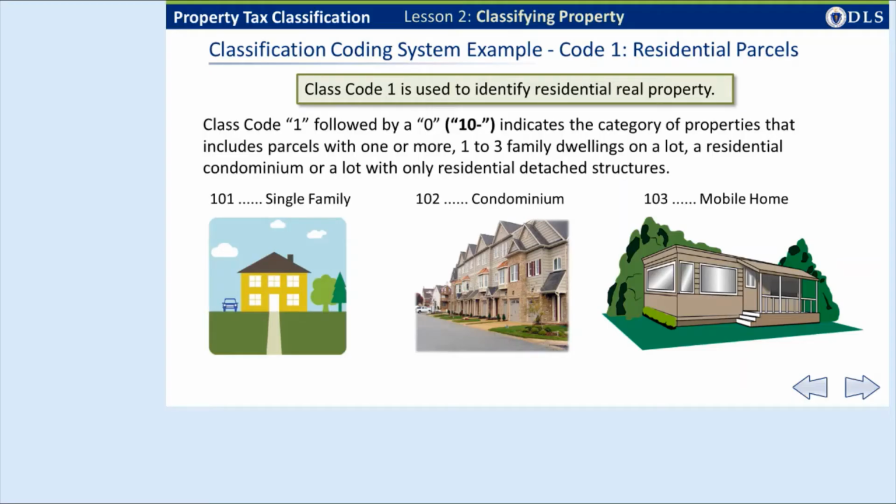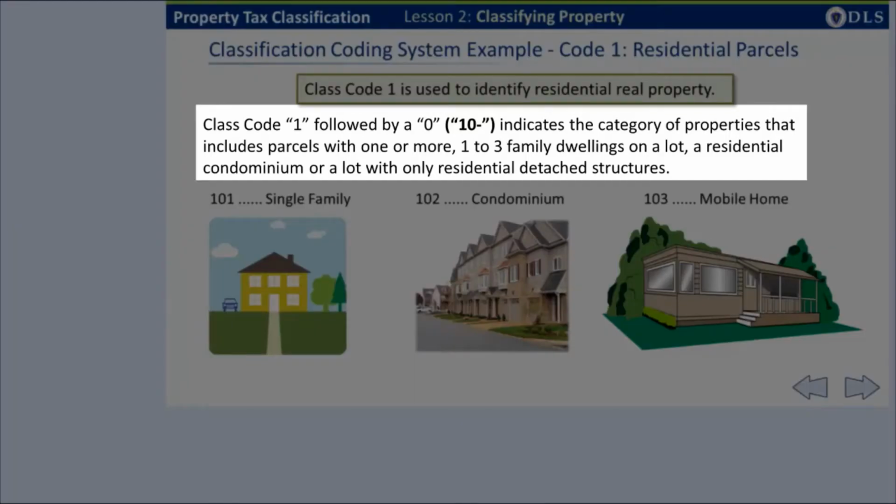There are several indicators for the second and third digits under Class Code 1. Class Code 1, followed by a 0, or 1-0, indicates the category of properties that includes parcels with 1 or more, 1 to 3 family dwellings on a lot, a residential condominium, or a lot with only residential detached structures.